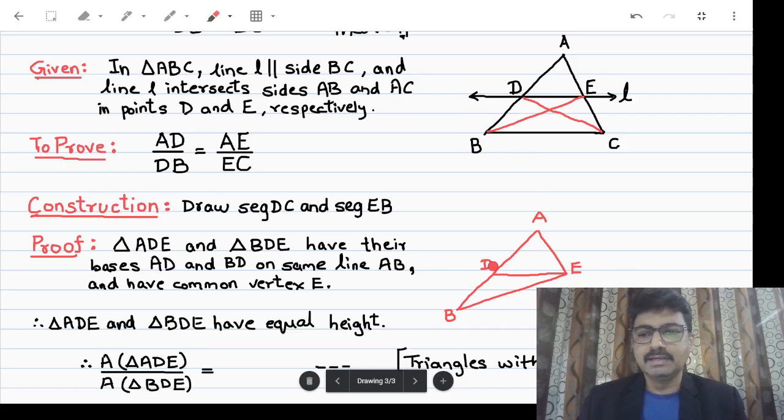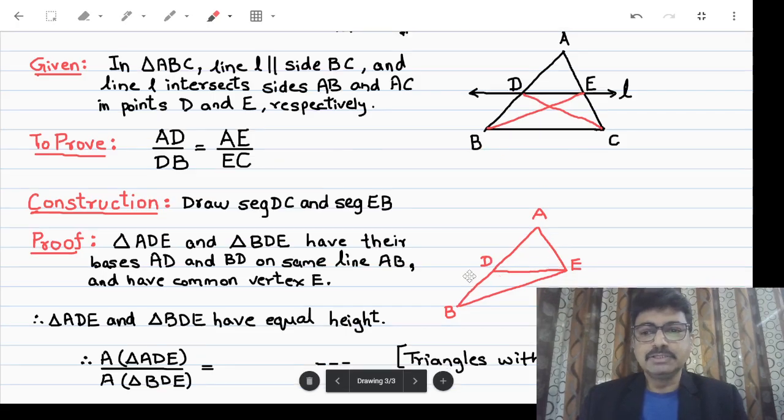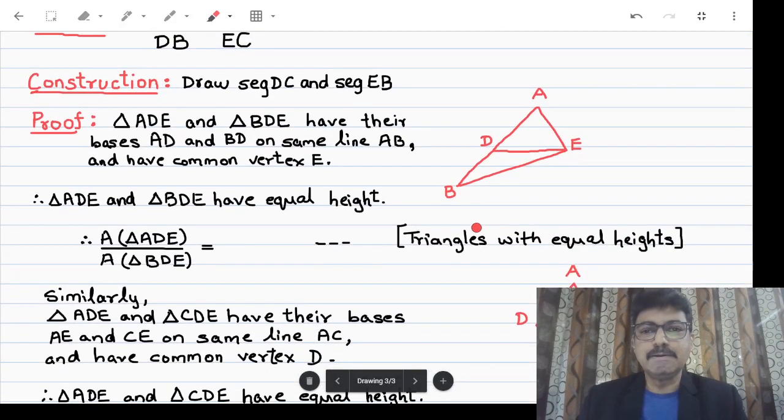ADEB. So let us now focus on this part diagram. Here we know that, observe triangle ADE and BDE. ADE, that's the upper triangle. BDE, that's the lower triangle.